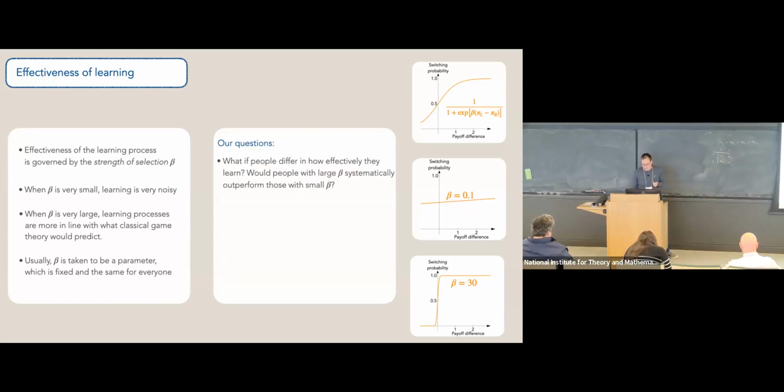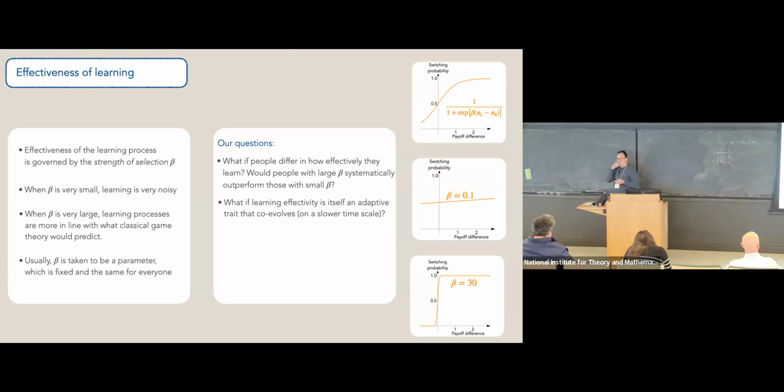What we would like to ask with our paper is: what happens if people actually differ in their strength of selection? In particular, if I have a higher beta than you have, would I be able to take systematic advantage of you? Would I be able to get a systematically higher payoff than you get? That's one question that we have.